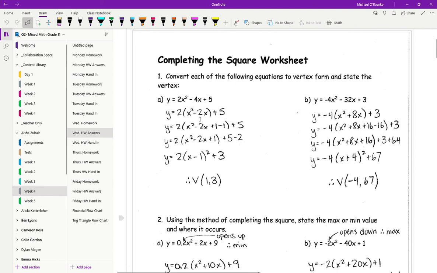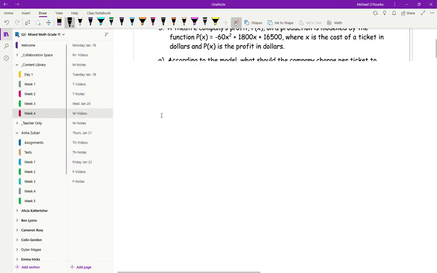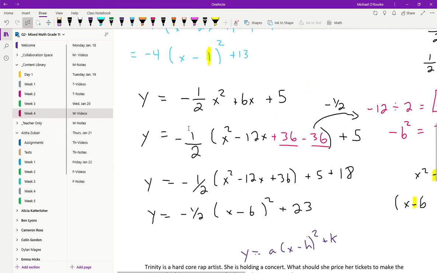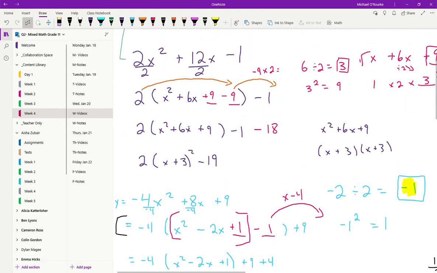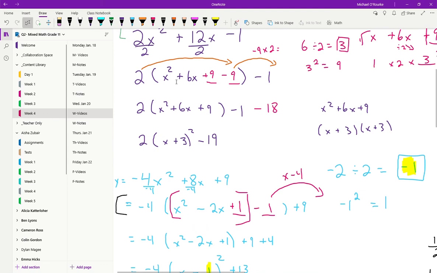No. Yeah. Because what's negative 2 divided by 2? No, you got to take out the 2 first. Right? Okay, go back to our notes here. We took the coefficient out first, then we did the plus and minus.